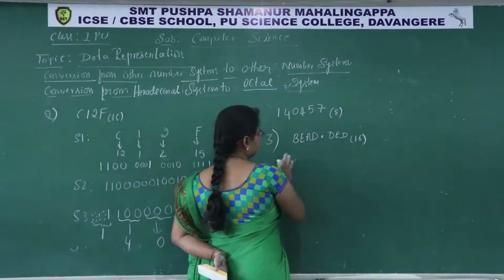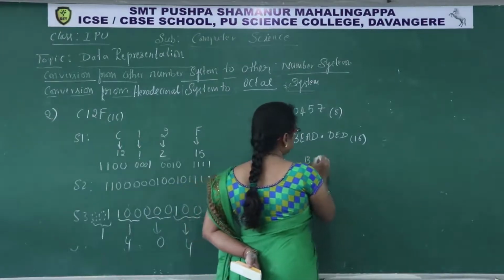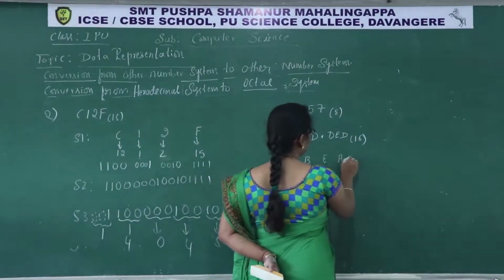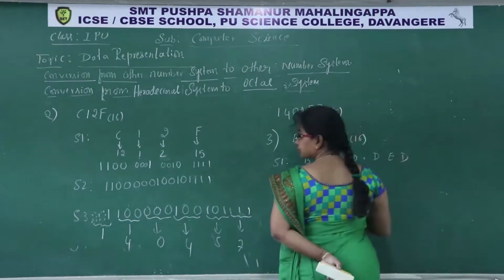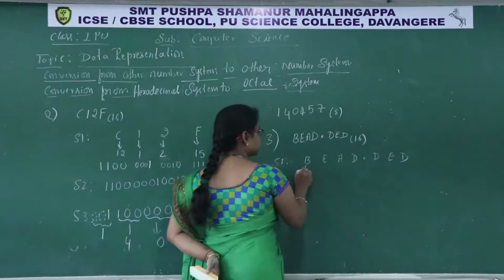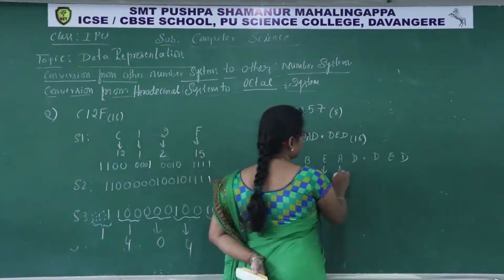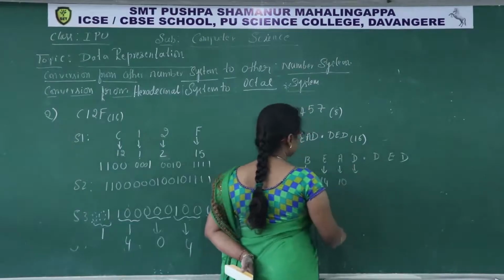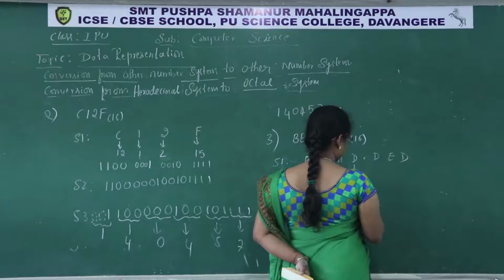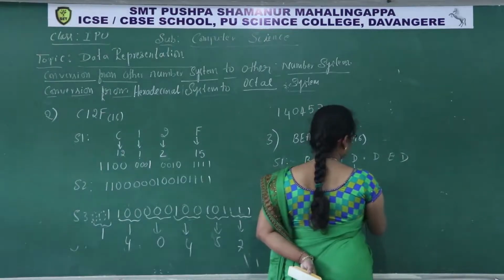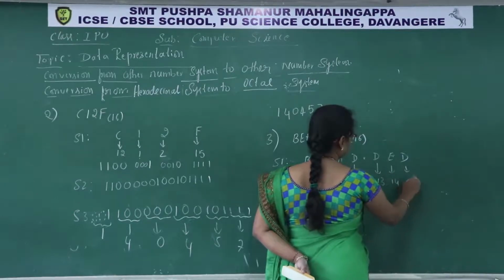Step 1: BEAD point DED. Now, what is the value of B? 11, and E is 14, A means 10, and D is 13. Point, 13, 14, and 13.